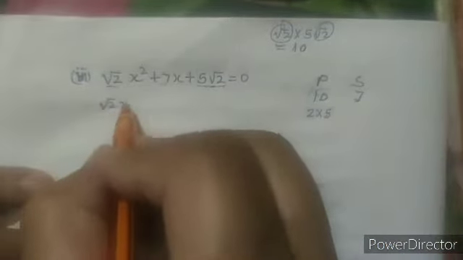Now we have to find two factors of 10 that give us 7. As you know, 2 into 5 or 5 into 2 will give us 10, and 5 plus 2 is equal to 7. So here now first term will be written as it is.